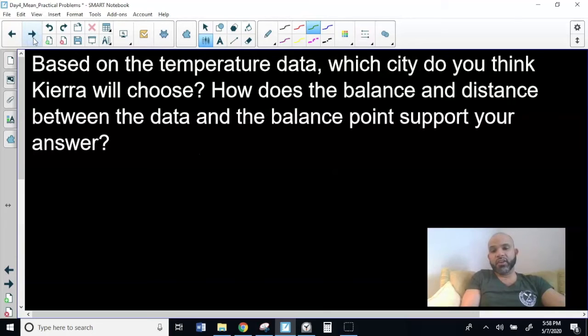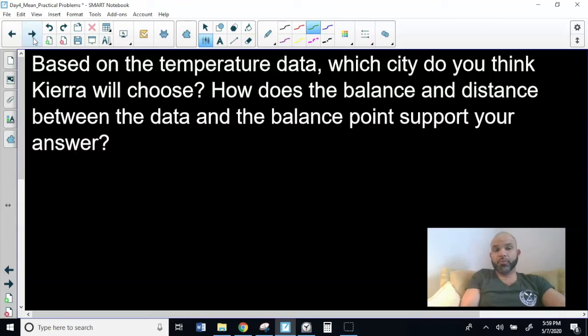And then you're going to notice that there's going to be a new section where it's going to be an open-ended question, and you're going to type your answer based on this question, which says, based on the temperature data, which city do you think Kiara will choose? How does the balance and distance between the data and the balance point support your answer? Okay, so here is where you would pause the video, okay, and type in your answers on that.